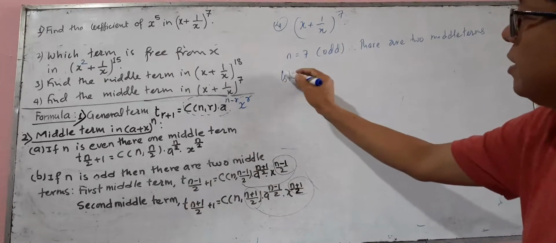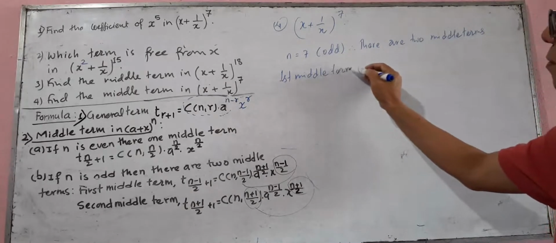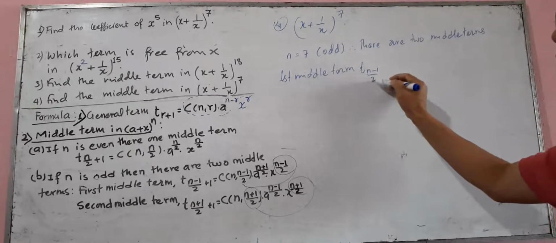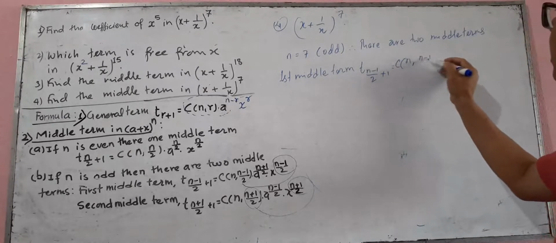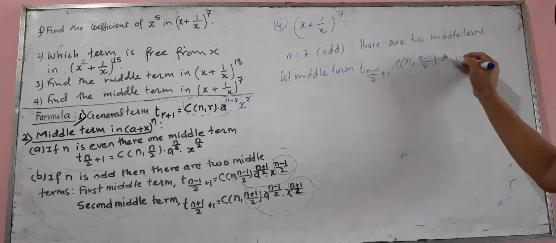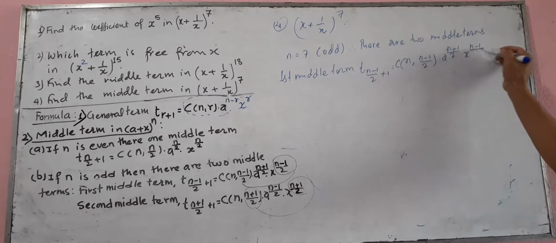You don't write directly. First middle term, T(n minus 1 by 2 plus 1), and this equals the formula C(n, n minus 1 by 2), a to the power n plus 1 by 2 into x to the power n minus 1 by 2.